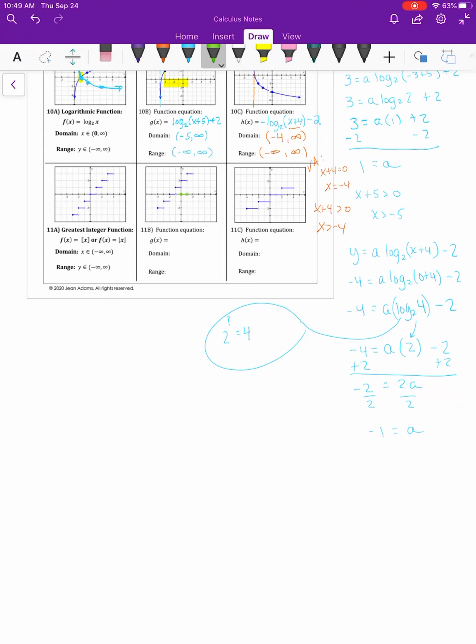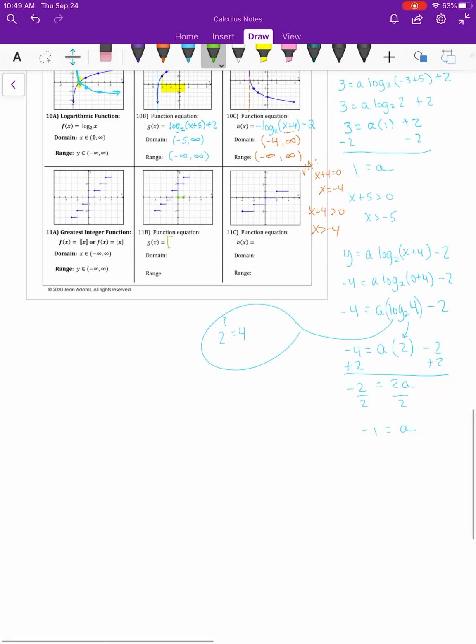It's still going from negative 4 to negative 3, from negative 3 to negative 2, negative 2 to negative 1, negative 1 to 0. It's still just going one spot. And so this is going to be minus a minus 2, right? Because it was shifted 2 units to the left. So that's just going to be that.